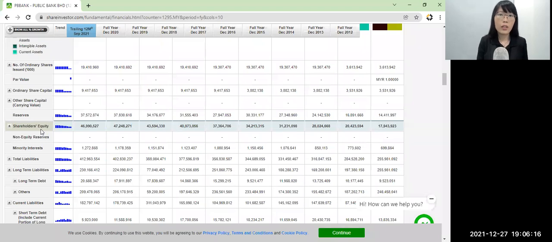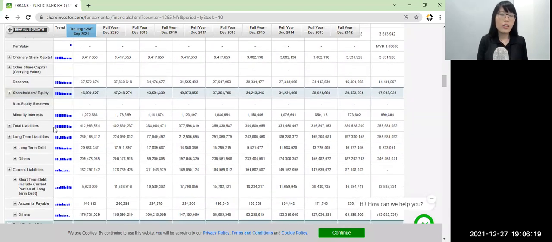What is the shareholder funds are growing? So you can see there is a 17.9 million ringgit in 2012, and now it's growing to 46.9 million in the trailing 12 months September of 2021.